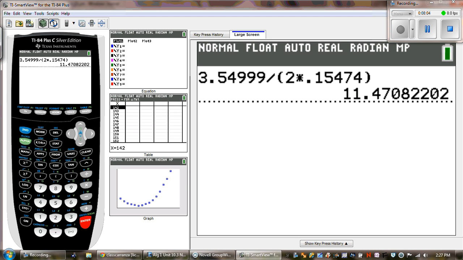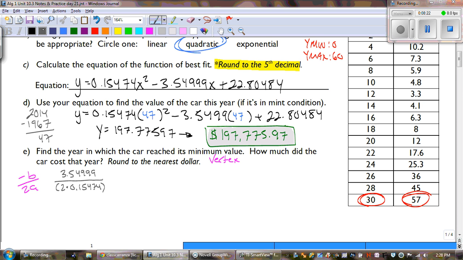Okay, so, did I type that in right? 3.54999 divided by 2 times 0.15474. So, rounding this up, okay, we get an answer, because we want this rounded, that x is approximately 12. Okay, so that's the first point.